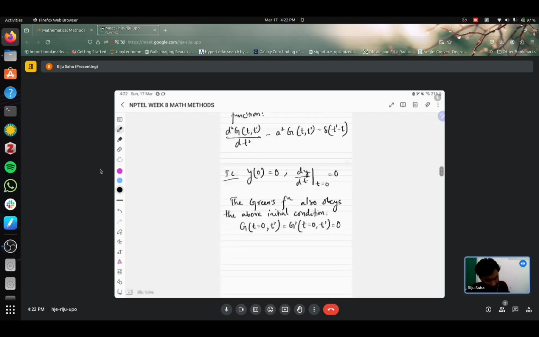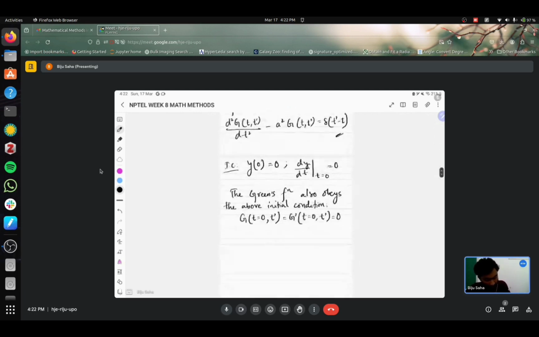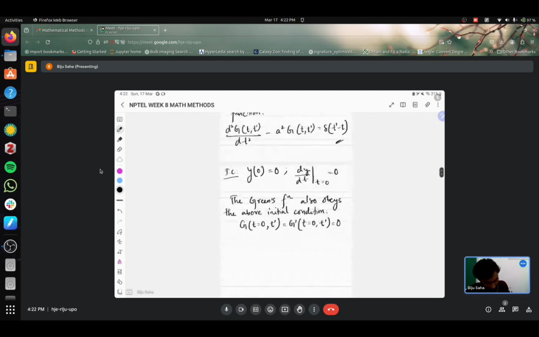Right now let us take the Laplace transform of this equation.